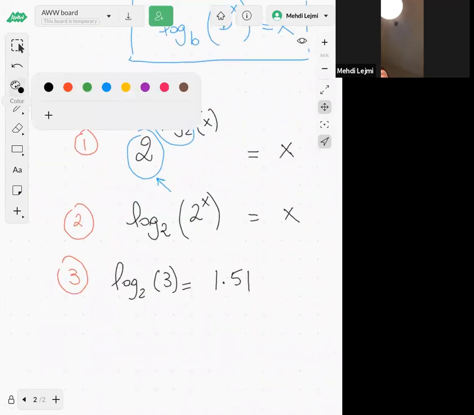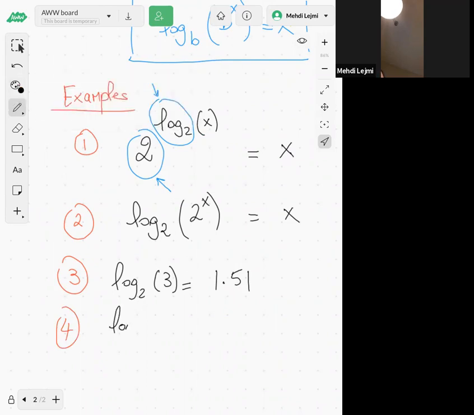Of course, when you change the base, for example log in base 2 of 4, that will be a different number, another decimal. So log in base 2 of a number is just some decimal. It's just a number.